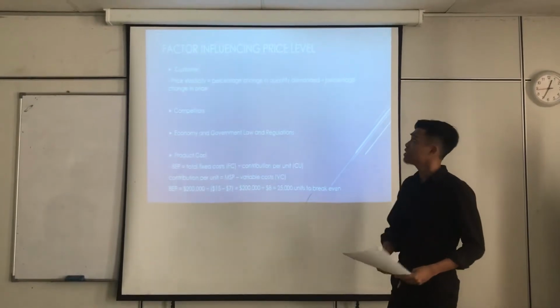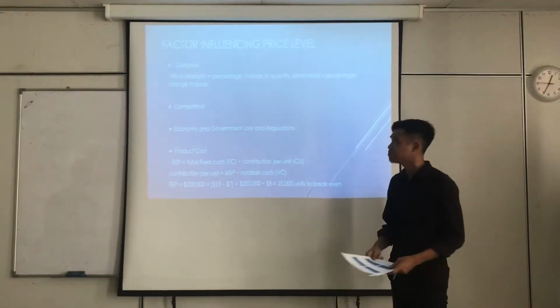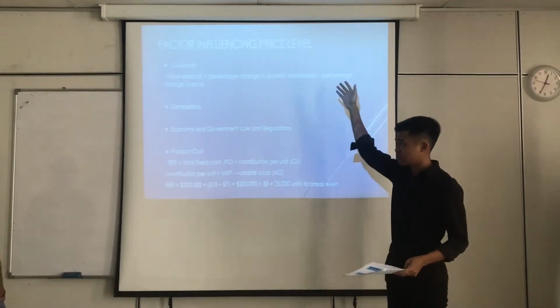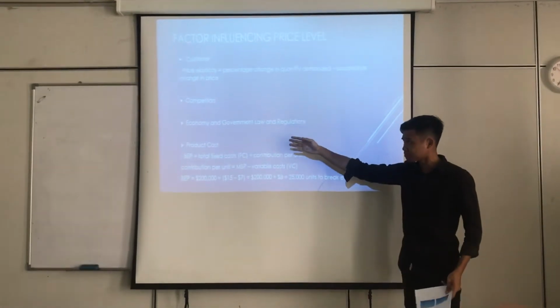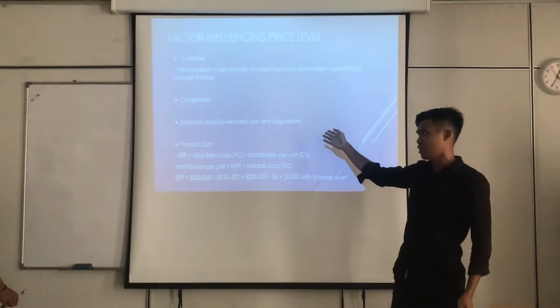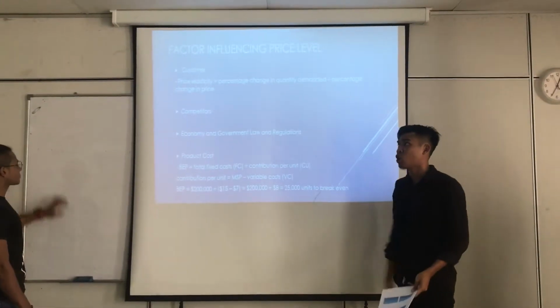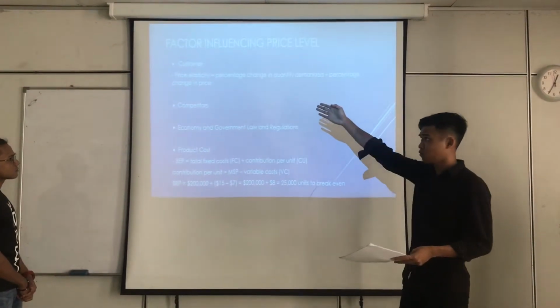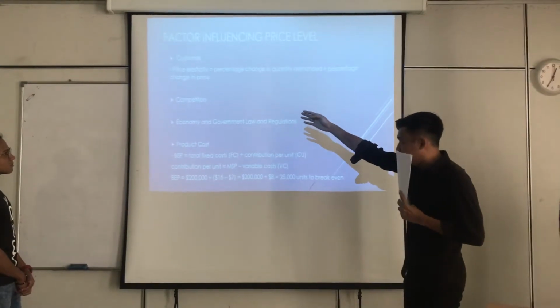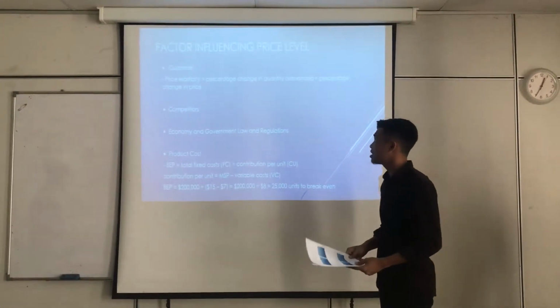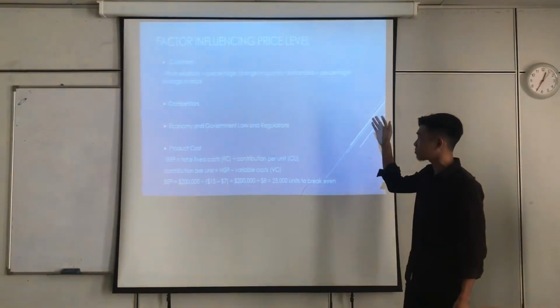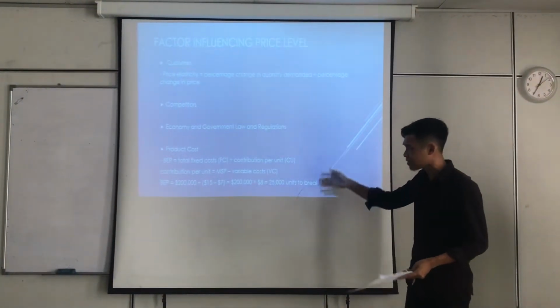There are a few factors for influencing price level: customer, competitors, economy and government law and regulation, and product cost. So for the customer, price elasticity is percentage change in the quantity demanded over percentage change in price.